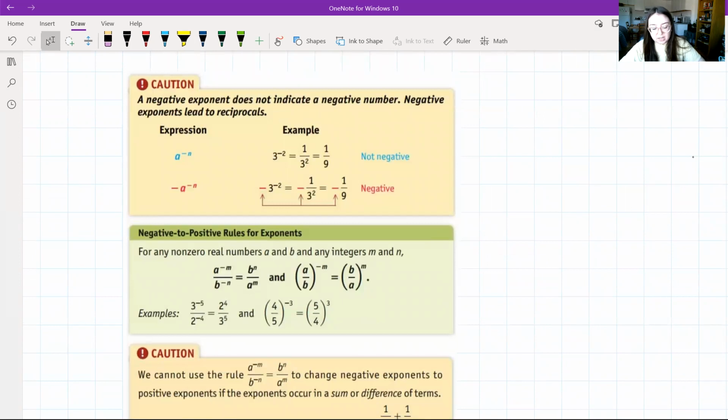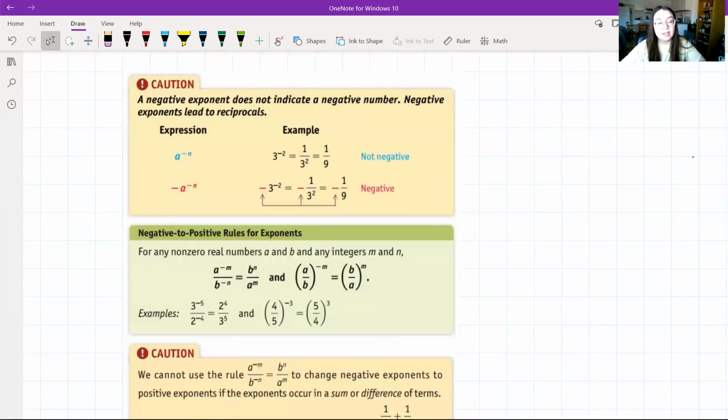A word of caution, a negative exponent does not indicate a negative number, which we went over earlier. Negative exponents lead to reciprocals, not negative numbers. So if we have something like a to the power of negative n, for example, 3 to the power of negative 2 is equal to 1 divided by 3 to the power of 2, which is just equal to 1 over 9. No negatives.